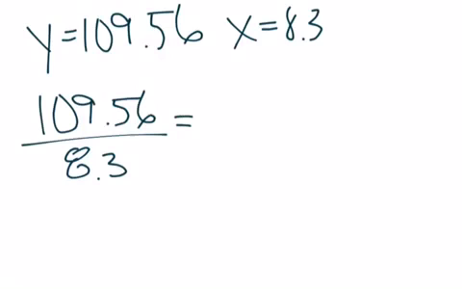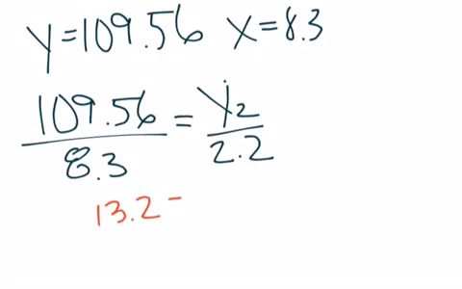So let's do y2 over 2.2. My advice is to divide 109.56 by 8.3. Again, more than welcome to do this in your calculator. No problemo. So that would be 13.2 equals y2 over 2.2.